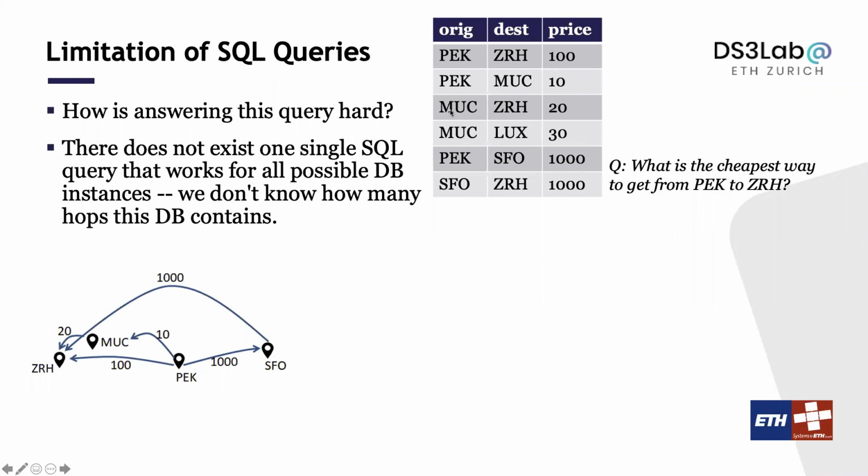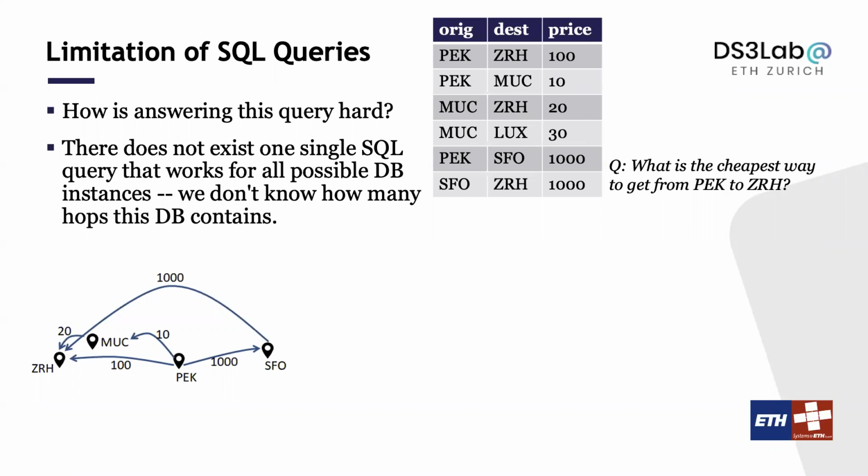For example, take this tuple as the example. You have one tuple containing the information Munich to Zurich with the price 20. That corresponds to this edge in the graph. You have one edge from Munich to Zurich with price 20. Essentially, this relation is one way to encode all the information you have inside this graph.